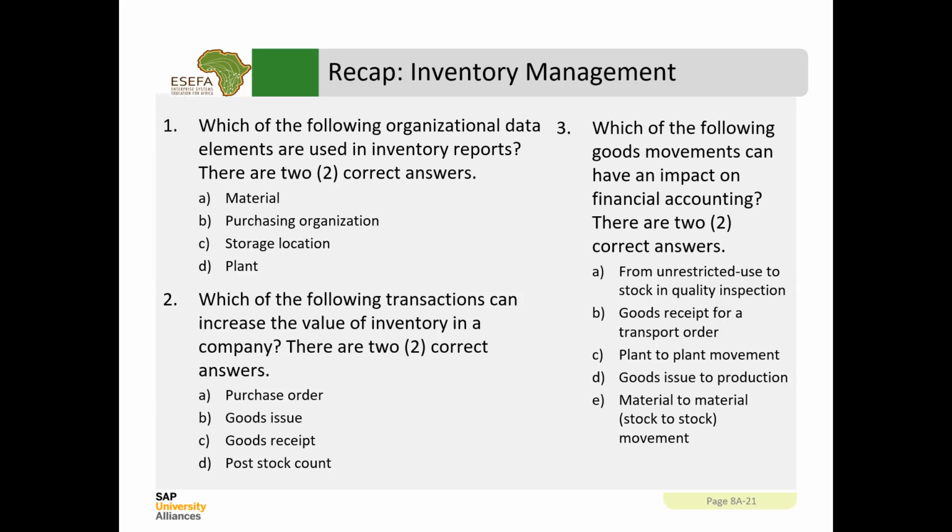So A and E are just the same thing. A is just more specific, unrestricted to quality inspection. E is more general, from stock to stock, from unrestricted to block stock. Blocked stocks are damaged stocks or stock that you can't use. That will have financial impact. Or from unrestricted use to scrap, stock to stock movement.